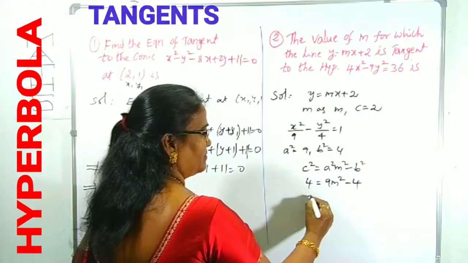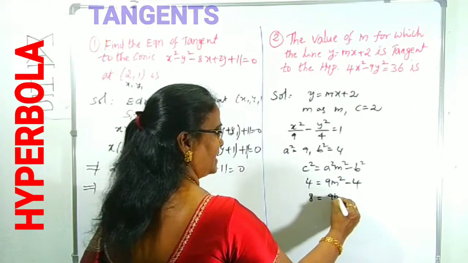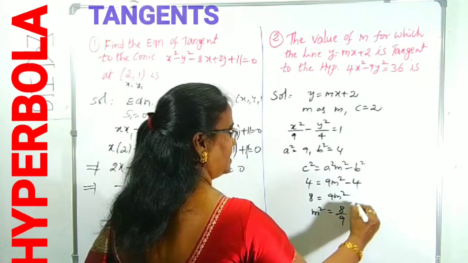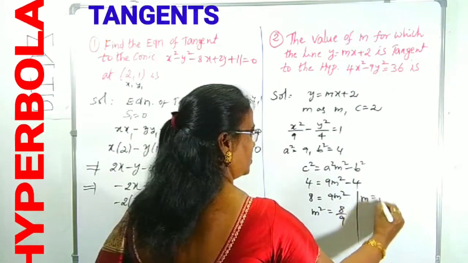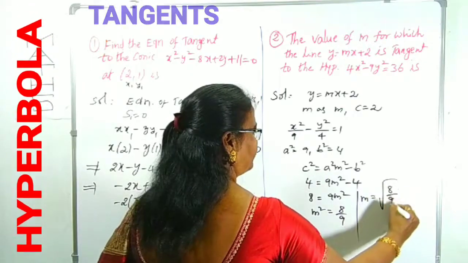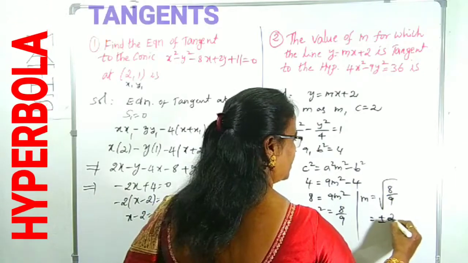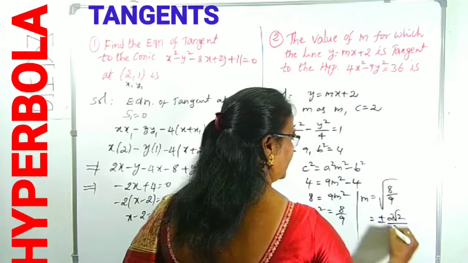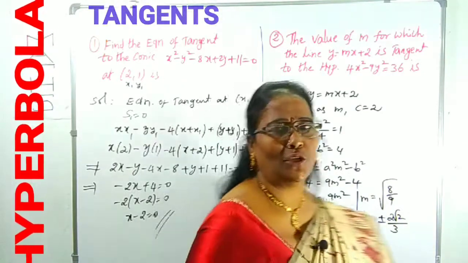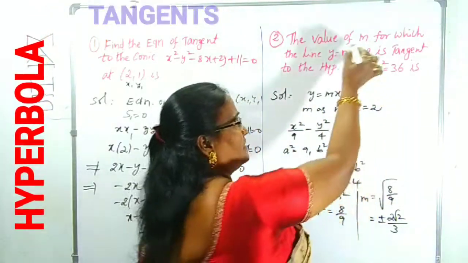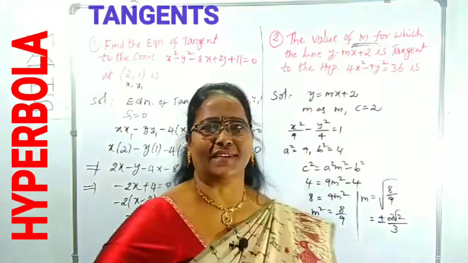But as the 4 goes to this side, it becomes 8. 8 equals 9m square. What is m square? Clearly 8 by 9, and m equals root over 8 by 9. That means plus or minus 2 root 2 by 3. You know, root 8 we can write as 2 root 2, root 9 is 3. That's it. Like this we can find out the unknown value that is asked.